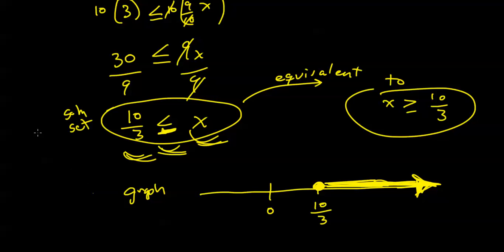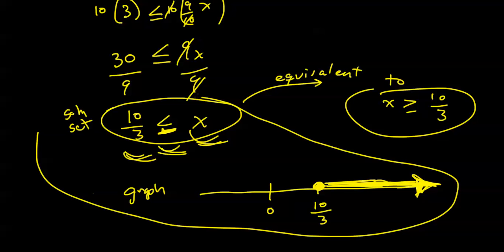And there is the graph of my solution set. Again, our author might use a square bracket to indicate closure on the left boundary. Either one is acceptable. I suppose most students would like to put in a closed dot, and that's fine.